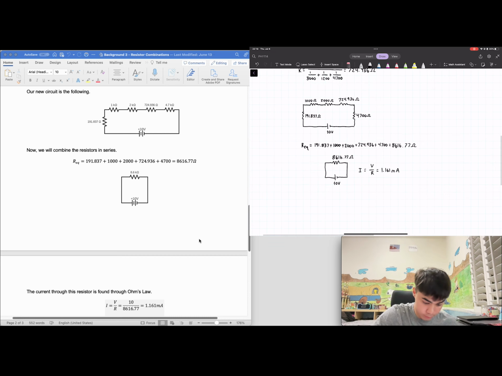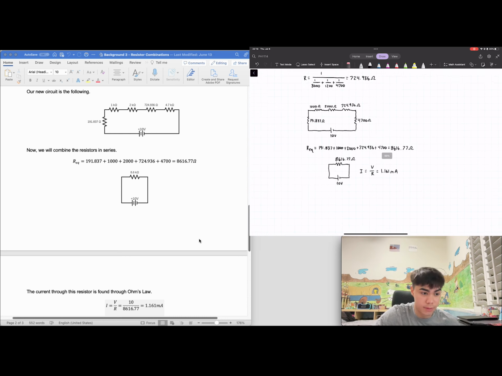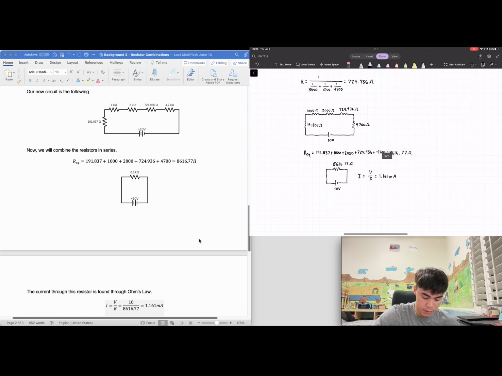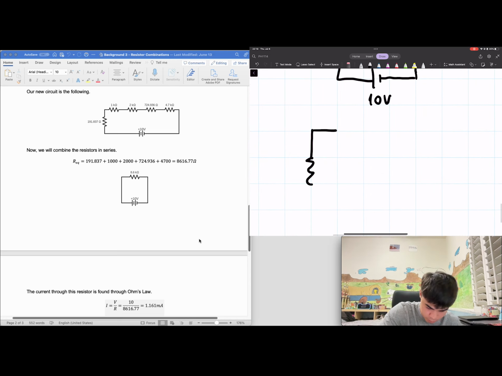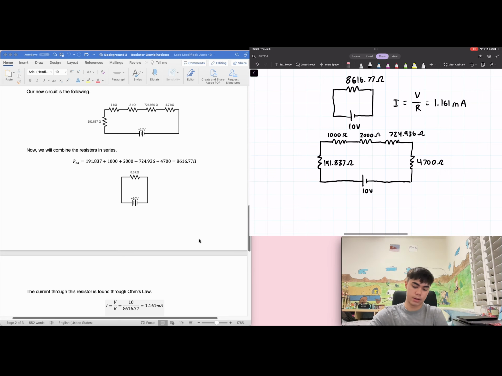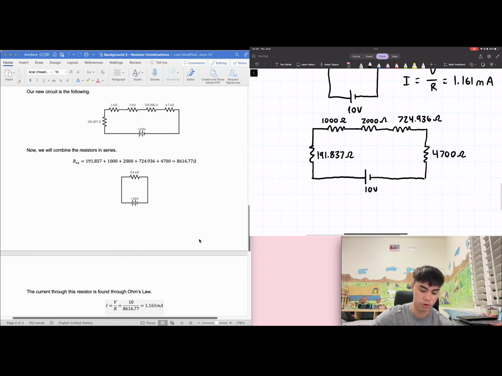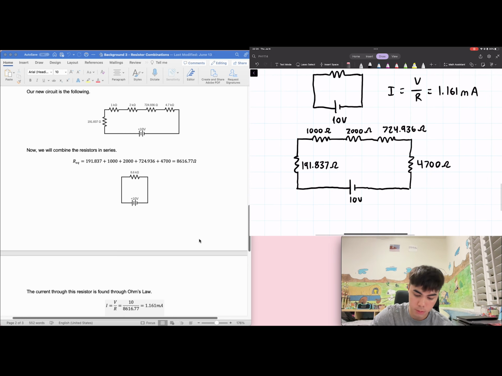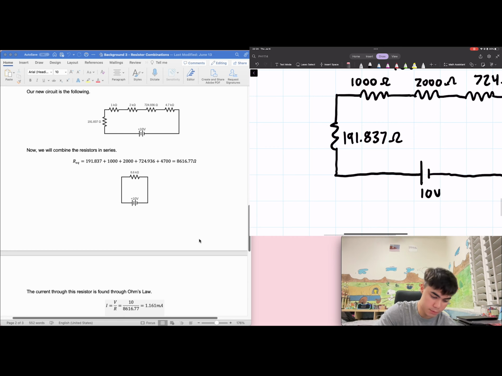Okay, so now that we have that, we can upgrade our circuit up one level. Now we know the current across each resistor is 1.161 milliamps. So now we can calculate the voltage across each resistor using Ohm's law.